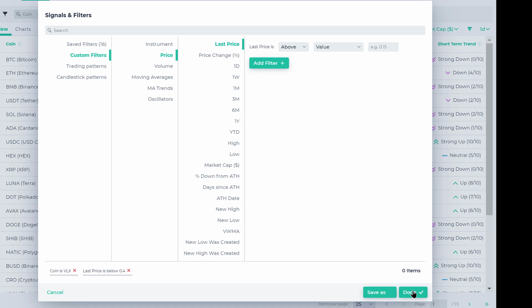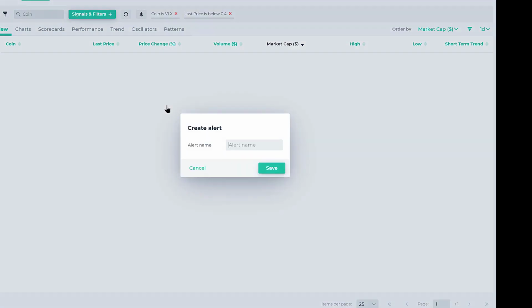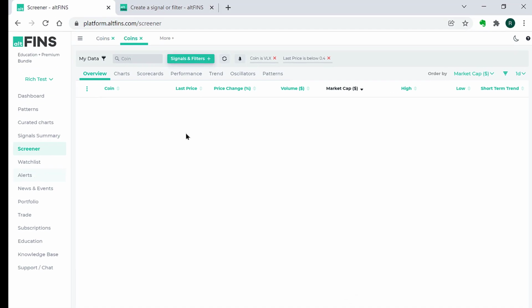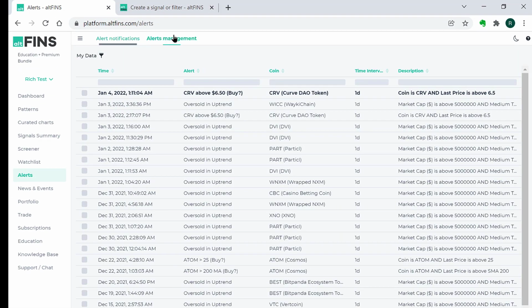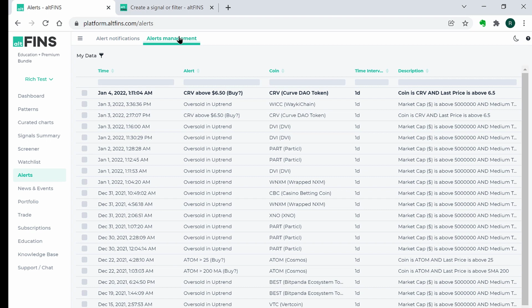Actually, I have to first create an alert. Right now I just created a filter. Now I create an alert that says VLX under 40. Maybe it's a buy. And now I have this among my other alerts under the alerts management section here. Here I can disable or delete it, and the notifications will be on this page.